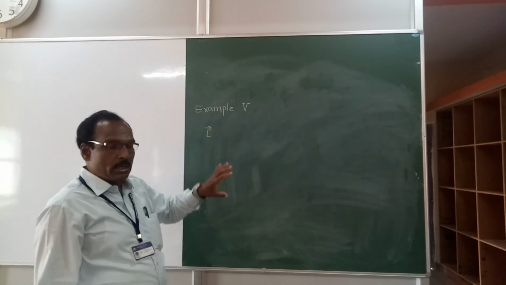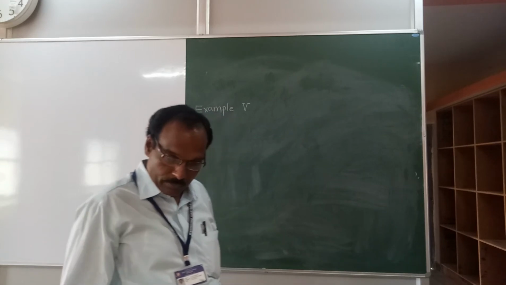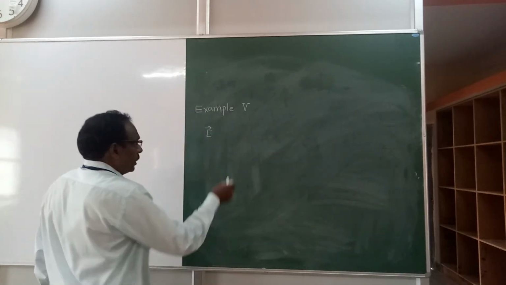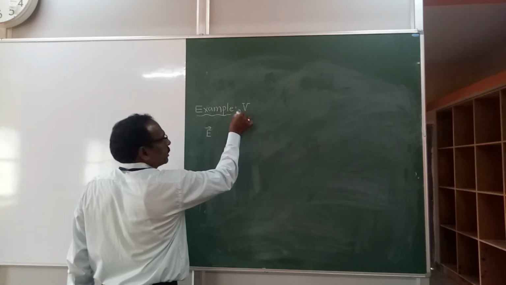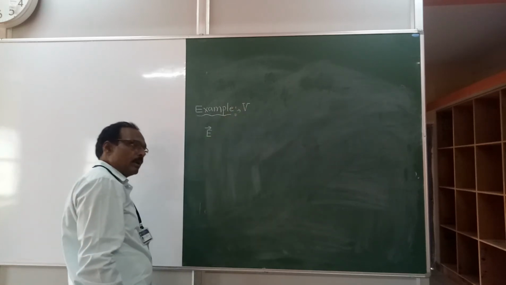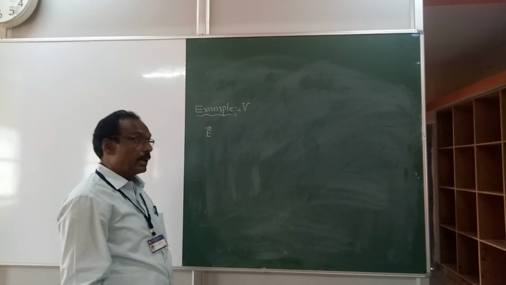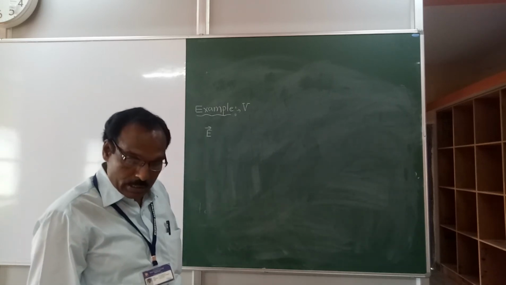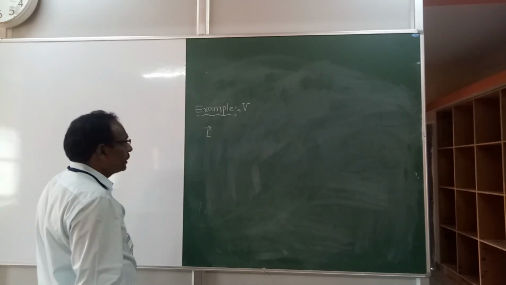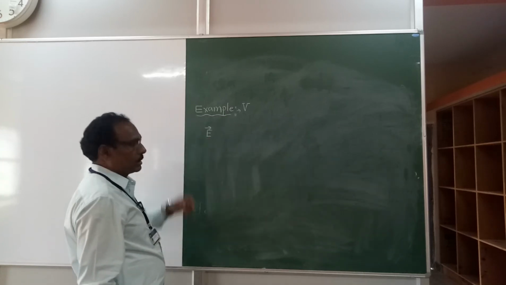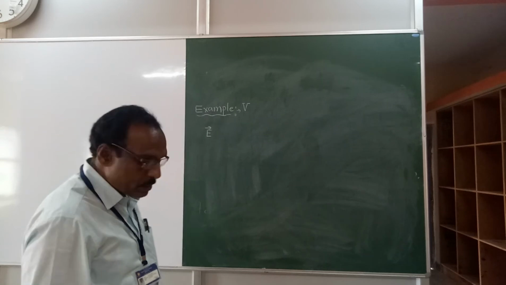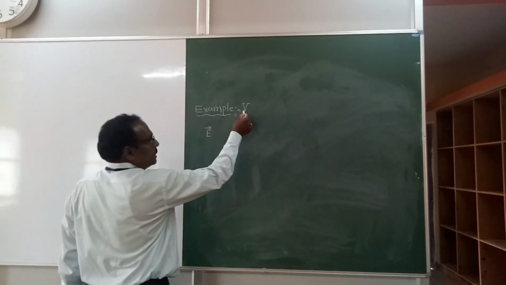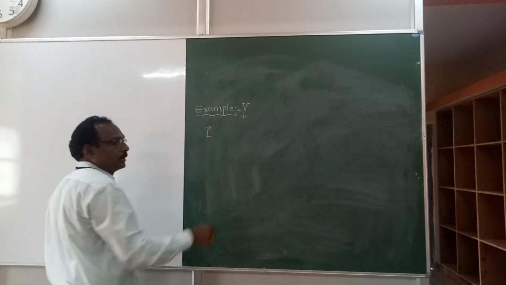Electric intensity is a vector quantity. Now, here in this example, V is the electric potential, given as a scalar function. Its electric intensity at any point is the greatest rate of decrease of this potential.